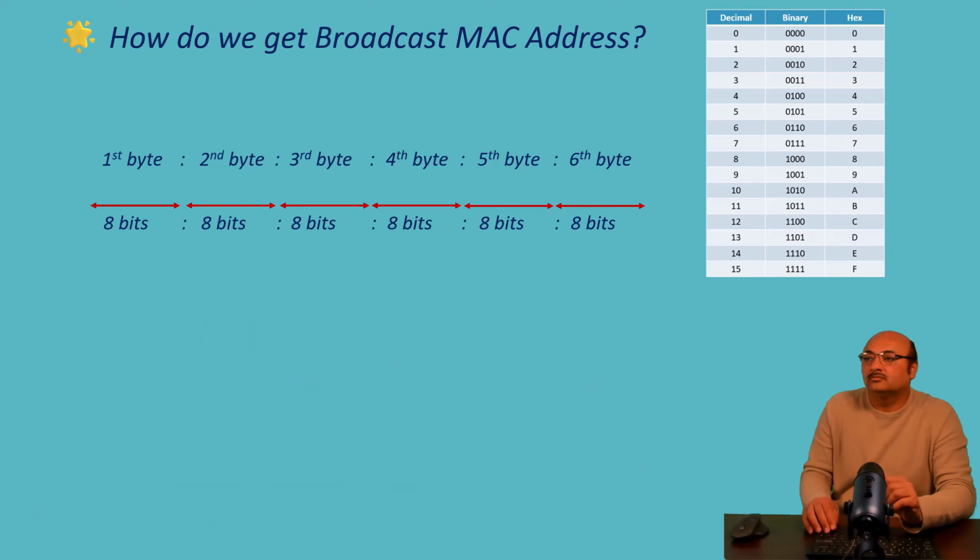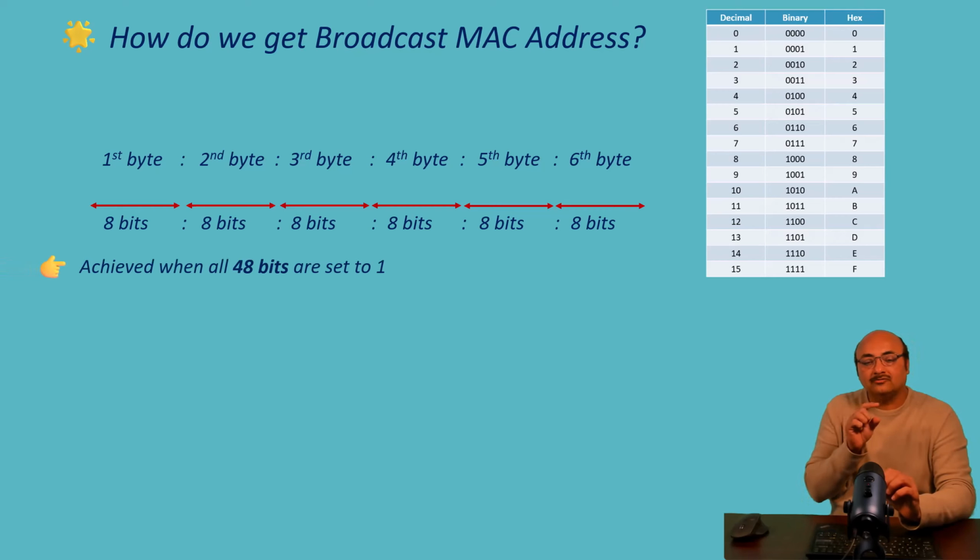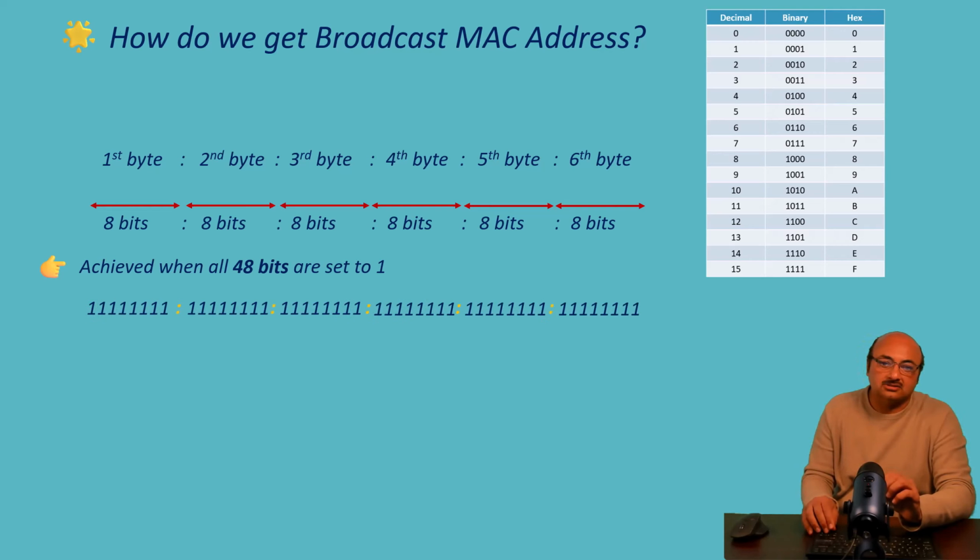Now to the question of what exactly a broadcast MAC address is and how we derive it. We derive it by setting all of the 48 binary bits to ones, like this. And again remember, 4 bits are required for a hexadecimal character.